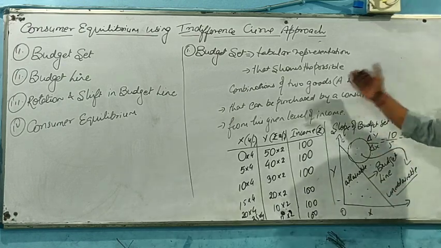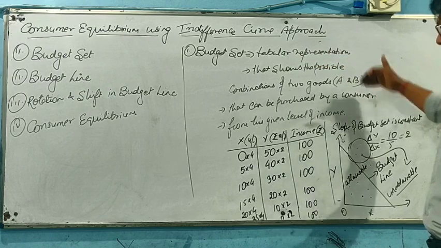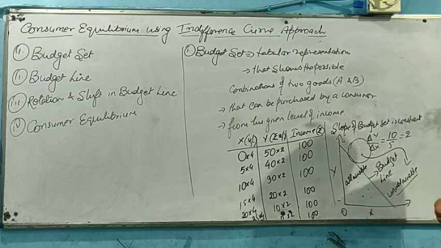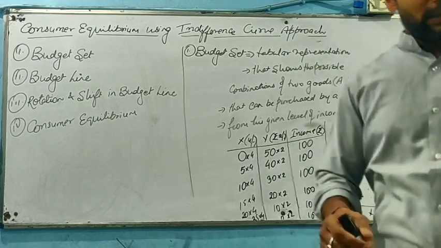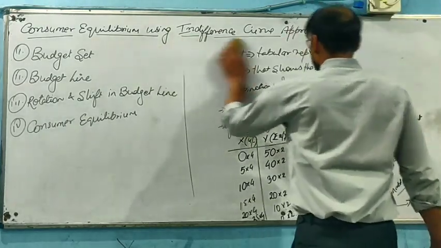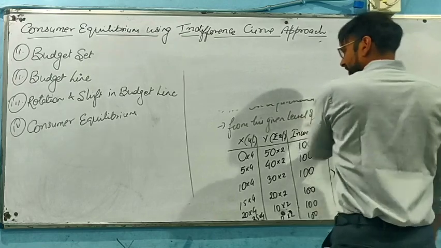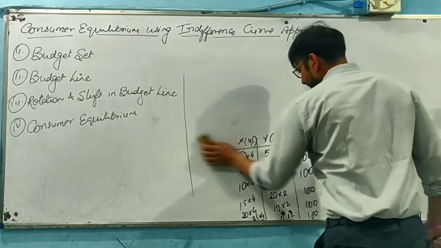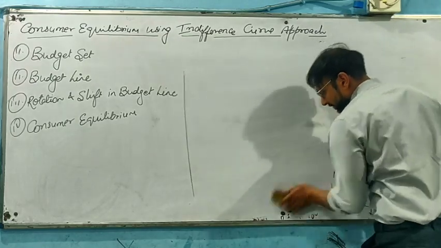Okay. So basically this is the budget set and this is the budget line that we have talked about. Now the remaining thing that we are going to see is rotation and shift in budget line. You just need to take care of it, students.